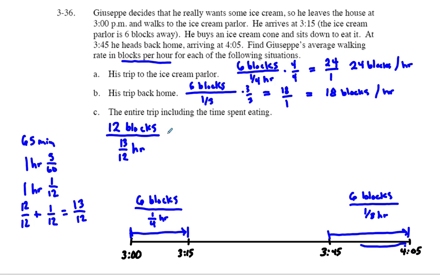So we want to figure out what that rate is. We can just do 12 divided by our 13/12. And I'm just going to give you the answer, it ends up being about 11.07 when you do that. I'm going to round it to 11.08 blocks per hour.